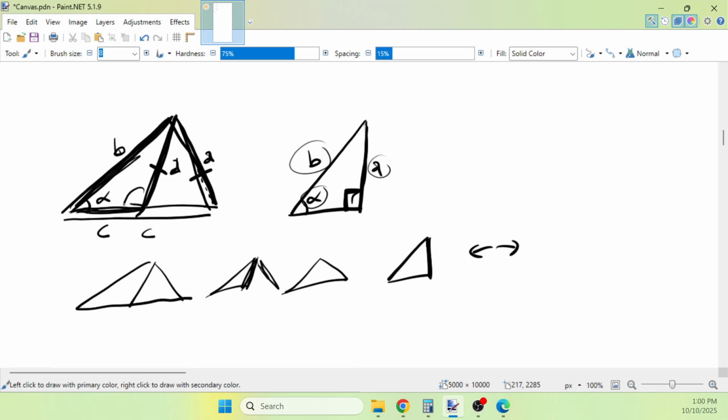But if this angle is not 90, then we can take this side here and make an isosceles triangle where this side and this side are the same, and this angle is the same, and we get two different versions of the triangle.